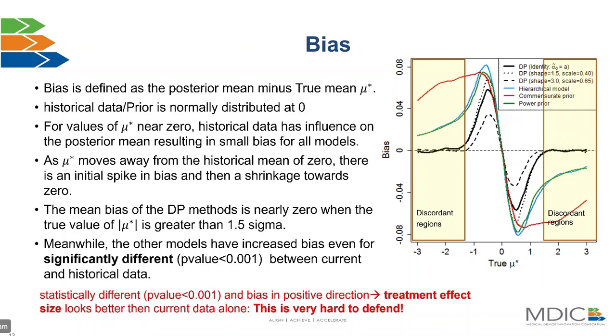This is where it's clearly different, right? It's 1.5 sigma away from where your prior is. There's starting to become a huge amount of evidence that what you thought was the truth is really not the truth anymore.